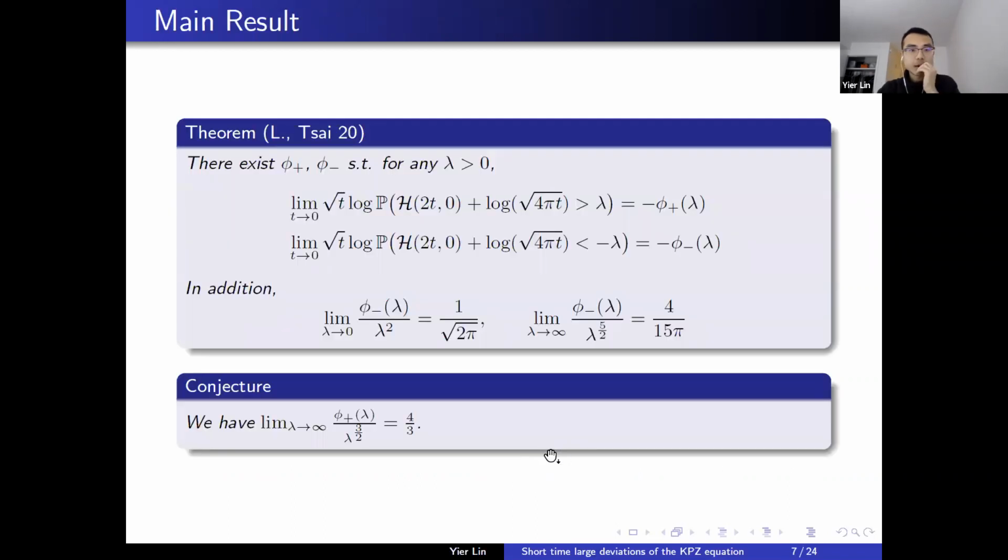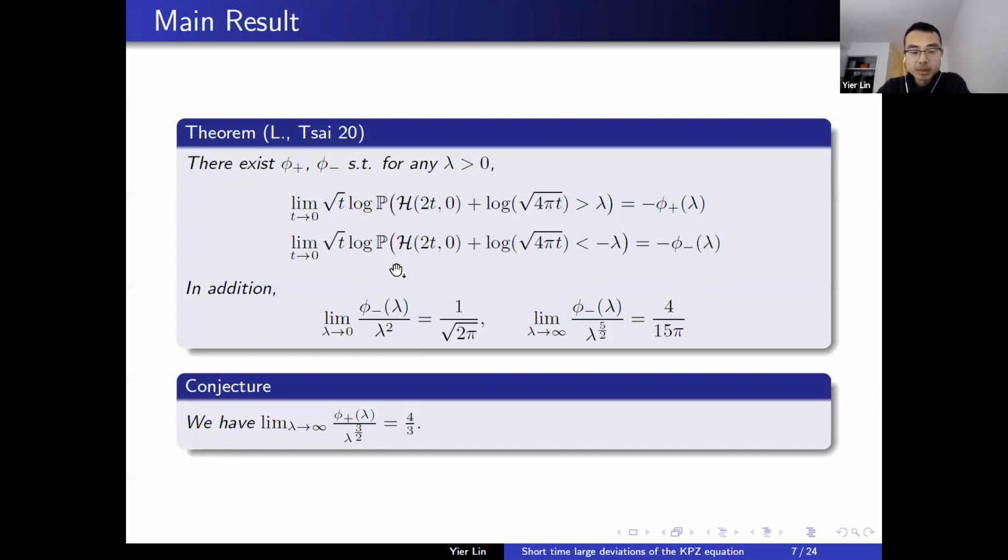So this is our main result. Jointly with Li-Cheng, we established the first rigorous large deviation principle for the KPZ equation in the short time regime, where time goes to 0, which corresponds to looking at the following probability: either h plus this typical value, negative log root 4 pi t, greater than a fixed value lambda, or smaller than negative lambda.